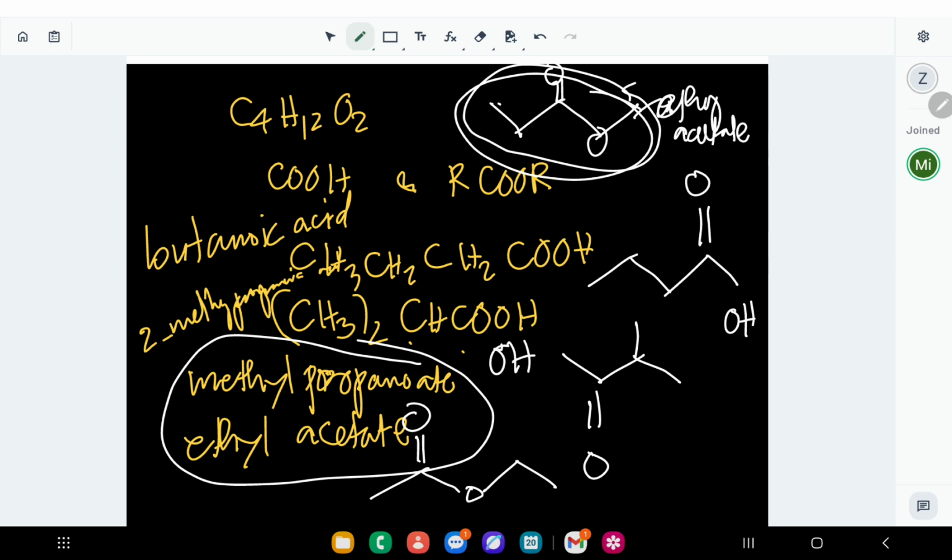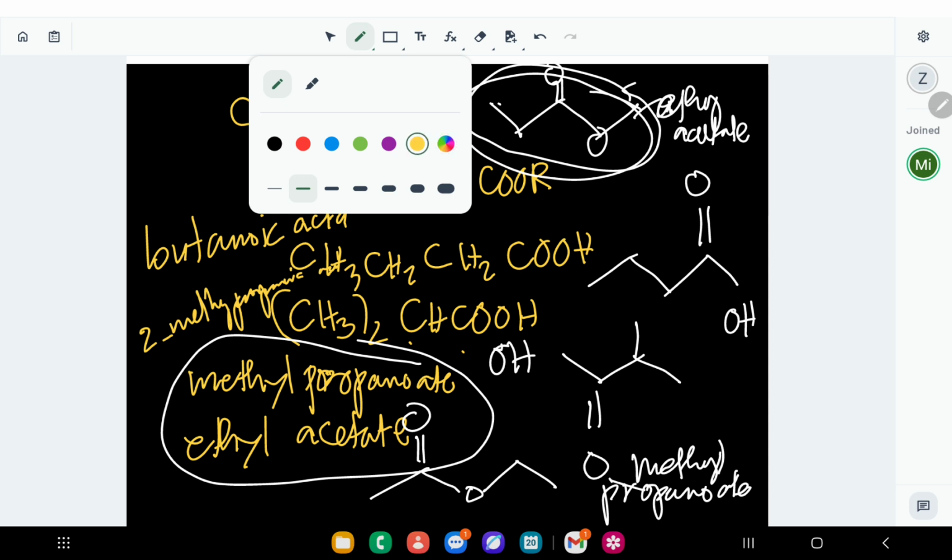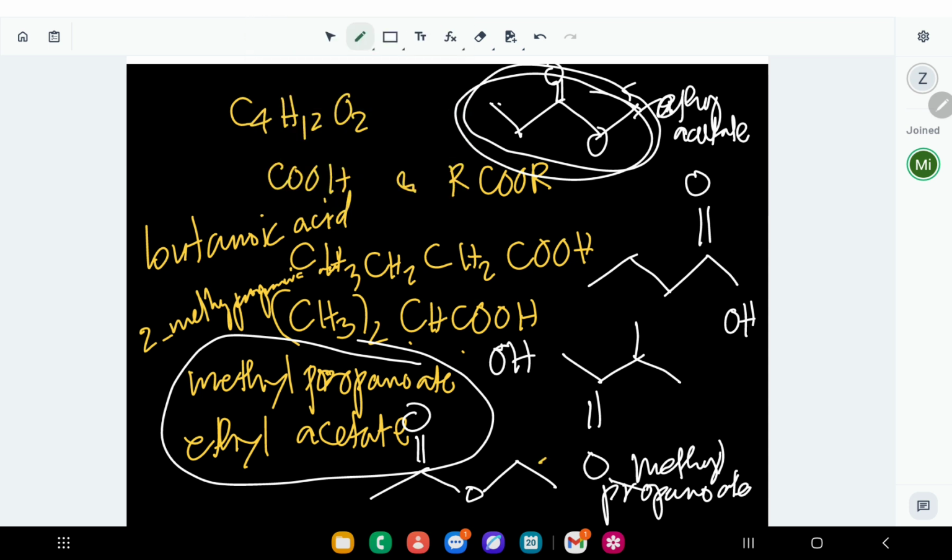Acetate, I don't see it in the choices. And this one is the methyl propanoate. That one is the ethyl acetate. So from the choices, I don't see that.